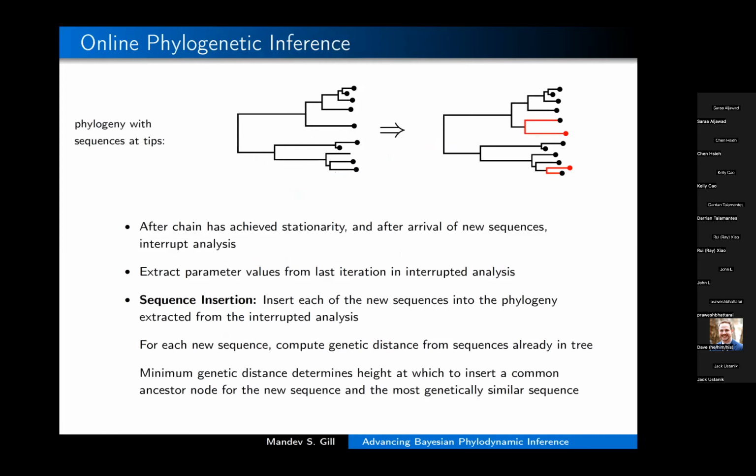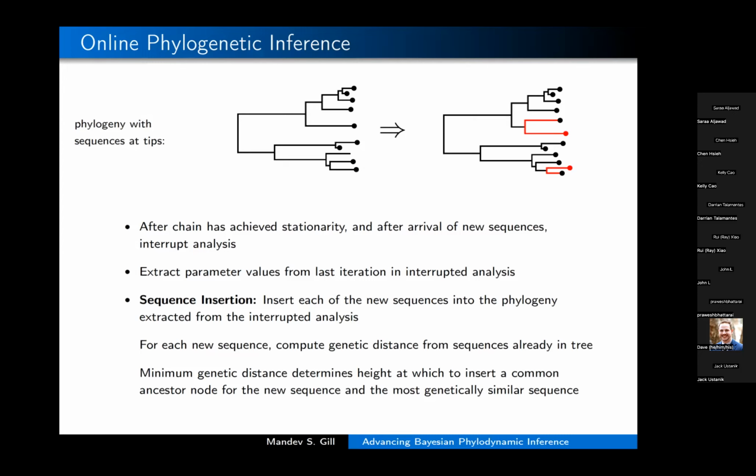So here's how our online inference setup works. After a chain has converged and after the arrival of new sequences, we interrupt the analysis if it's still running. Next step is to extract the parameter values from the last iteration in the interrupted analysis. Then we insert each of the new sequences into the tree that we just extracted from the interrupted analysis.